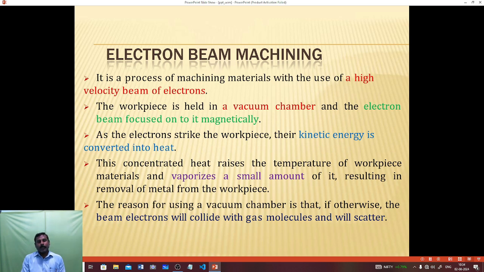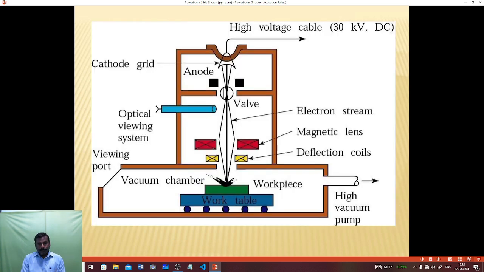This concentrated heat raises the temperature of the workpiece material and vaporizes a small amount of it, resulting in removal of metal from the workpiece. The reason for using a vacuum chamber is that otherwise the beam electrons will collide with gas molecules and scatter.